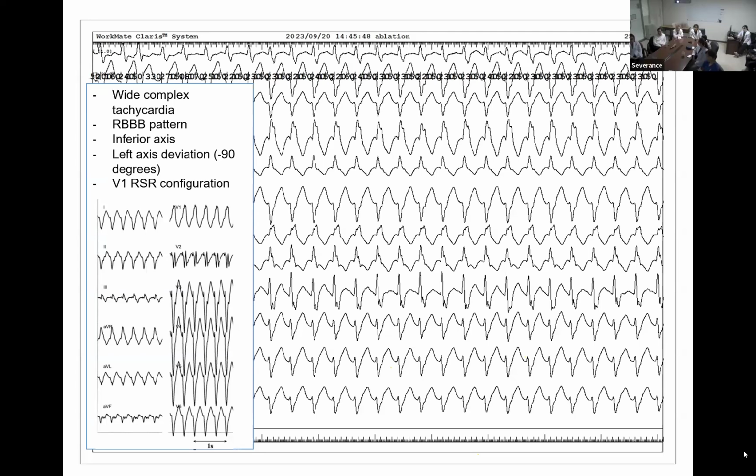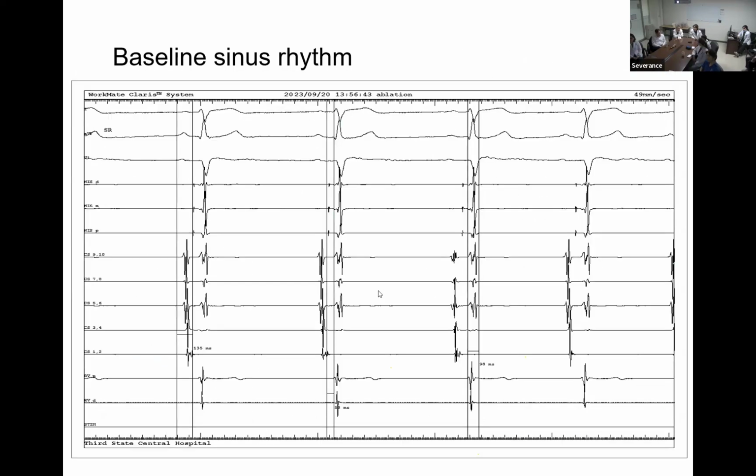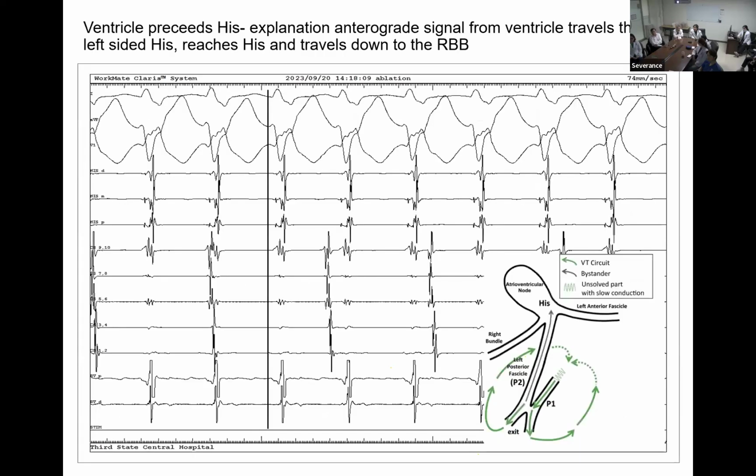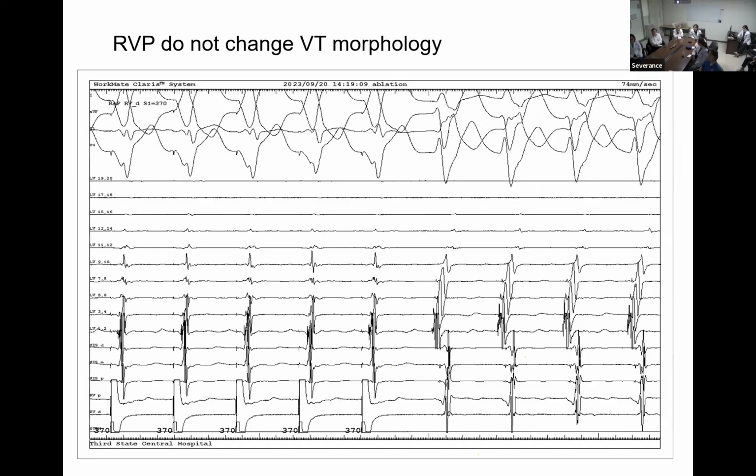I think during the tachycardia, we can try entrainment pacing from the CS, the coronary sinus. Yes, very helpful to confirm reentry tachycardia. Can you explain what the finding of CS entrainment pacing is during ongoing fascicular VT?